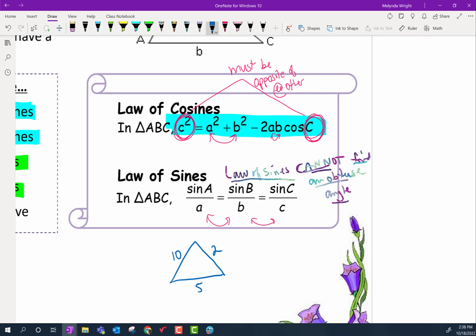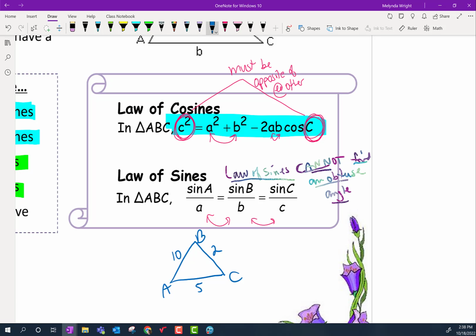Let's think back to our work with geometry. According to this scenario, and we'll name this triangle ABC, which of the angles is definitely going to be the largest one?